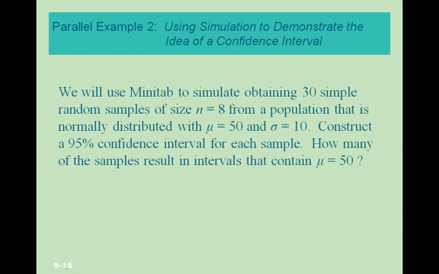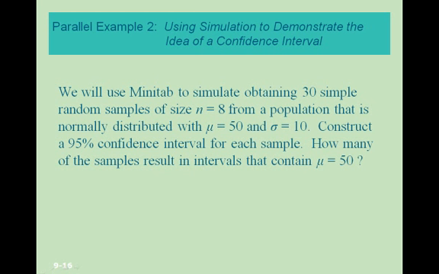So let's look at using simulation to demonstrate the idea of a confidence interval. In this example, we'll use Minitab to simulate obtaining 30 simple random samples of size n equal 8 from a population that is normally distributed with mu equal 50 and sigma equal to 10.